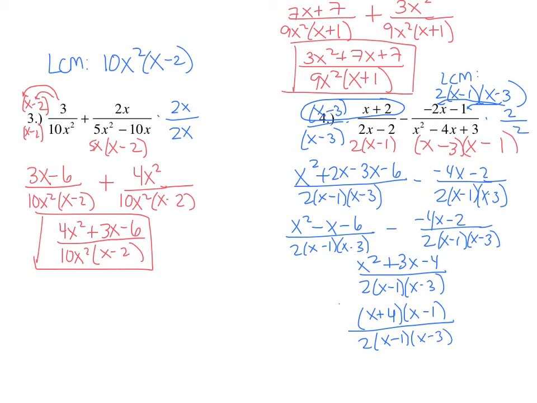So there's your denominator, and we see we can divide out an x minus 1. Common factor divides out from top to bottom, and so we're left with x plus 4 in the numerator over 2 times x minus 3. And that would be your final simplified answer.